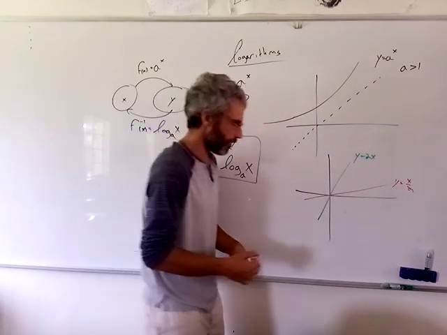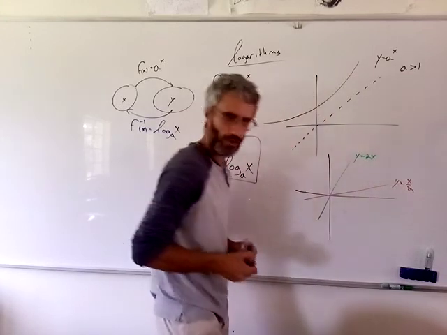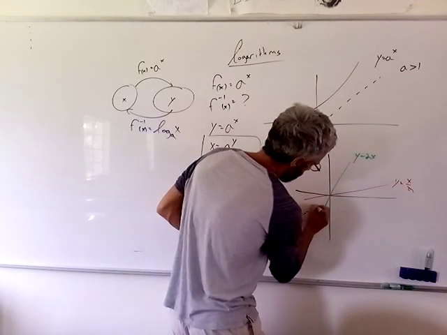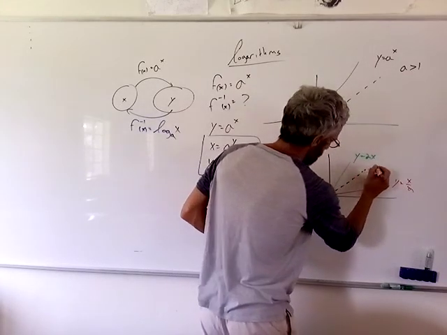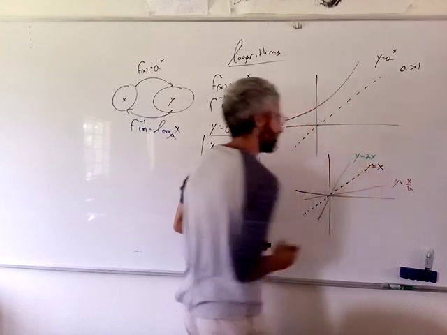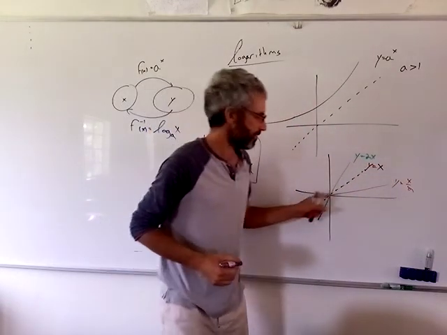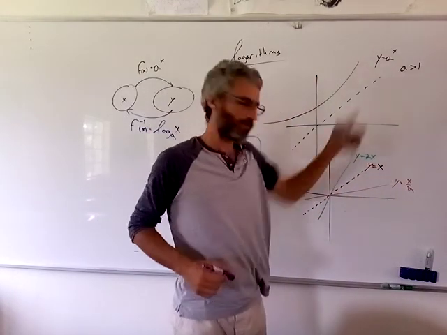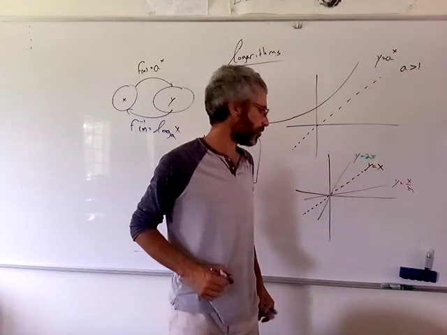Now I'm going to plot a little symmetry line. This line is y equals x, just a straight line at a 45 degree angle.